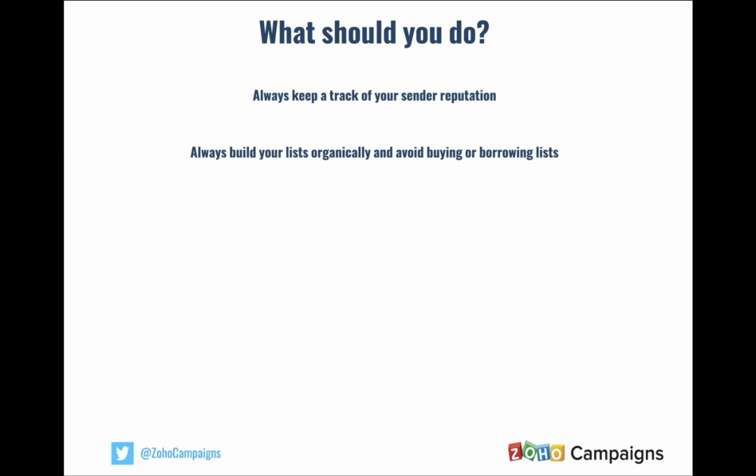Building lists organically will not only allow you to understand your subscribers or your contacts well, but it will also make you sure about the people who are actually interested in the products or services that your brand is catering. It will naturally bridge a lot of the communication gap that could have appeared if the list management was not proper. But if you build a list organically, these problems won't be there.